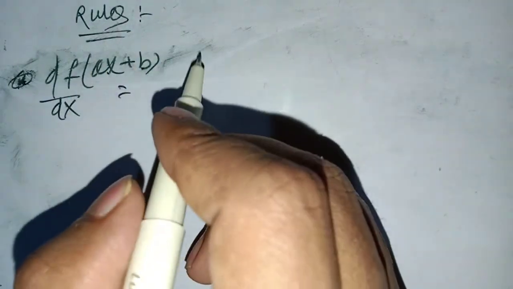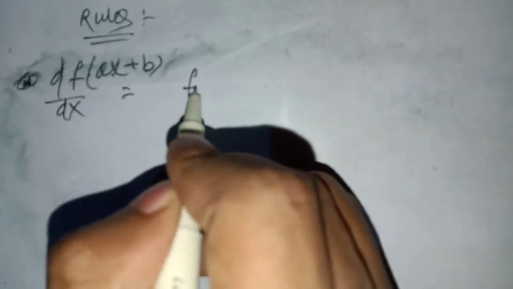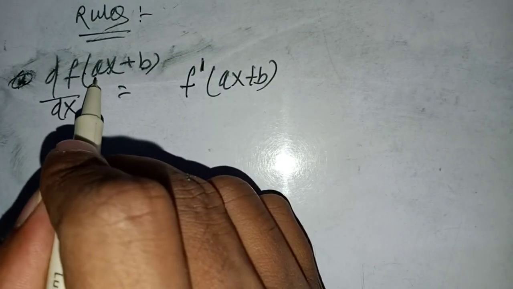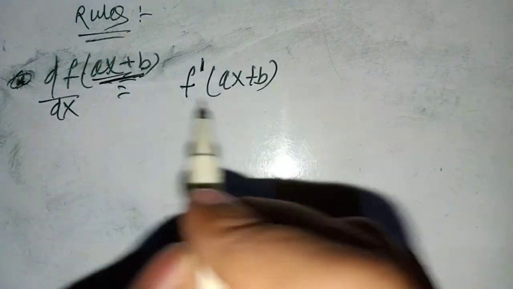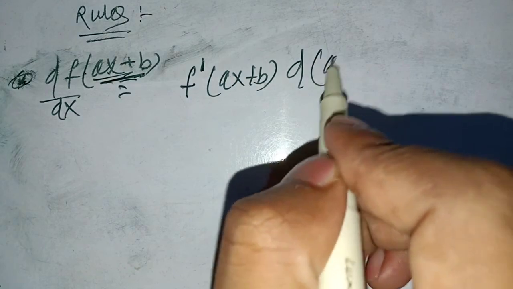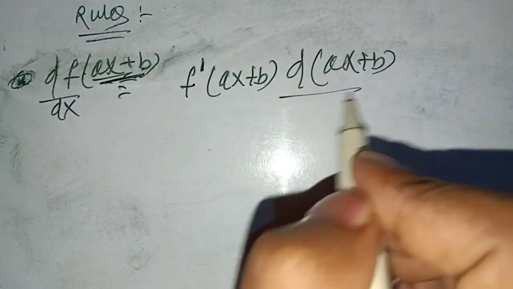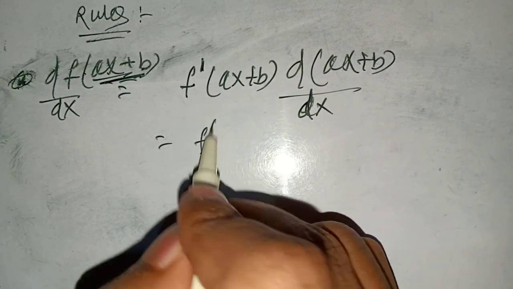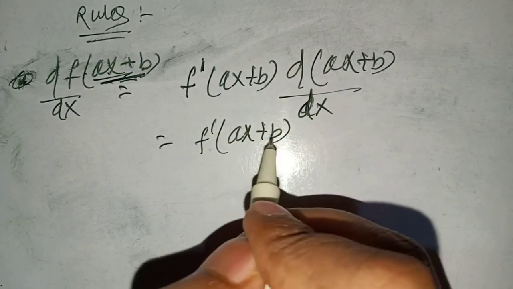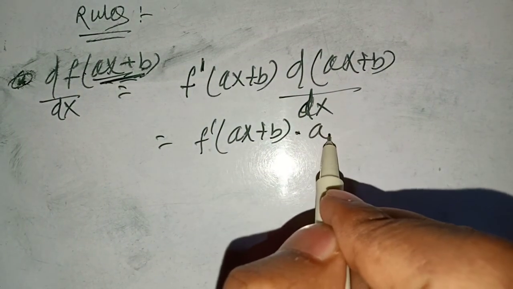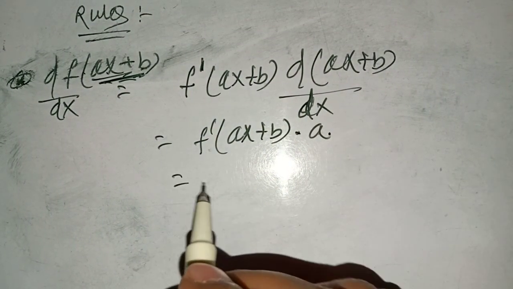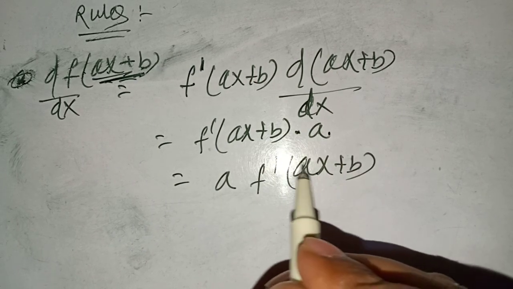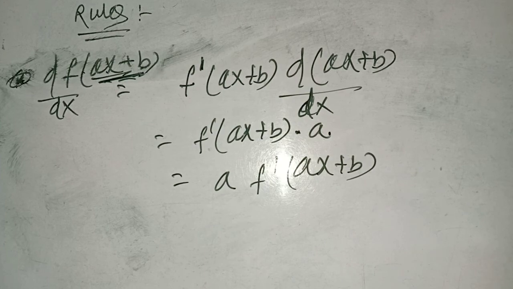First we will differentiate this, f dash of ax plus b, then we will differentiate inside this. So then we have to differentiate ax plus b. Then we will get f dash of ax plus b, and this is your a. So the answer is a into f dash of ax plus b. This is the formula, so write this formula.